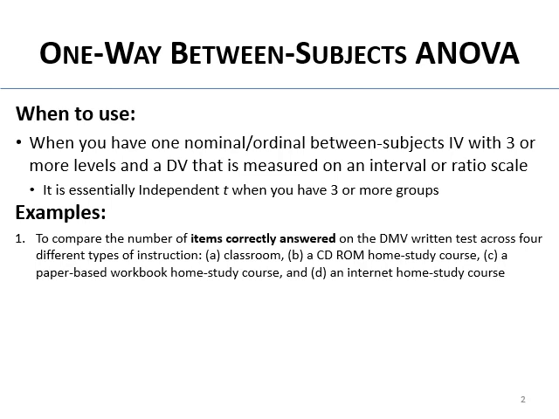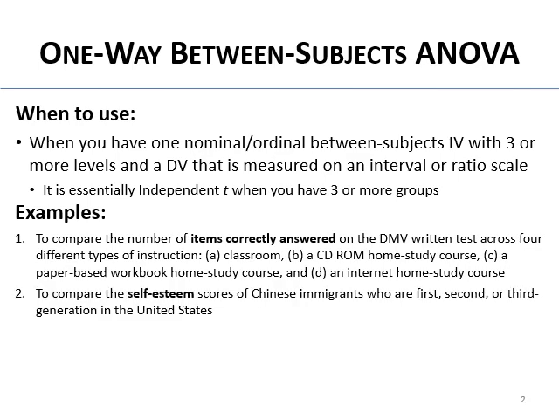Your dependent variable is the number of items correctly answered on the written test, so it's their test score. That can range from 0 to whatever it is, 46, I think. And you're going to compare it across folks who are in 4 different conditions. Some people take the classroom, some people take this, some people take that. So this is a between groups design. It's different people in the different courses, and an interval or ratio DV.